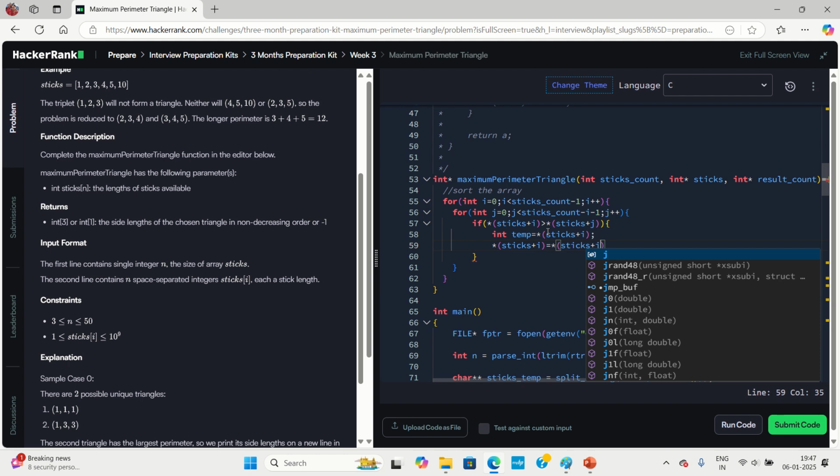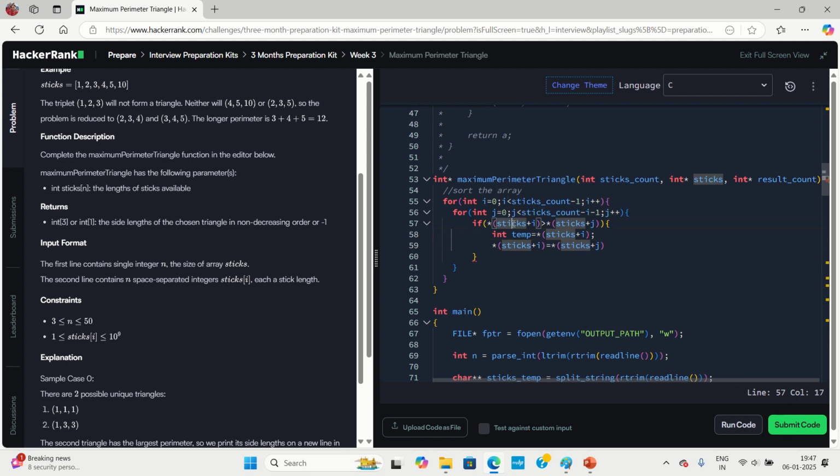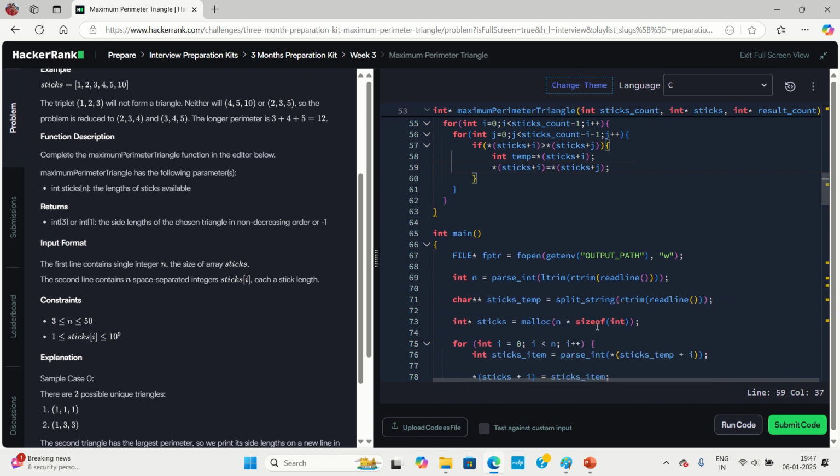I'm explaining this because in case of static allocation we would have written sticks of I. But since it is dynamically allocated, because it is returning me a pointer, I need to actually use that pointer to find the value at that memory address. So this is the hint I'm giving.